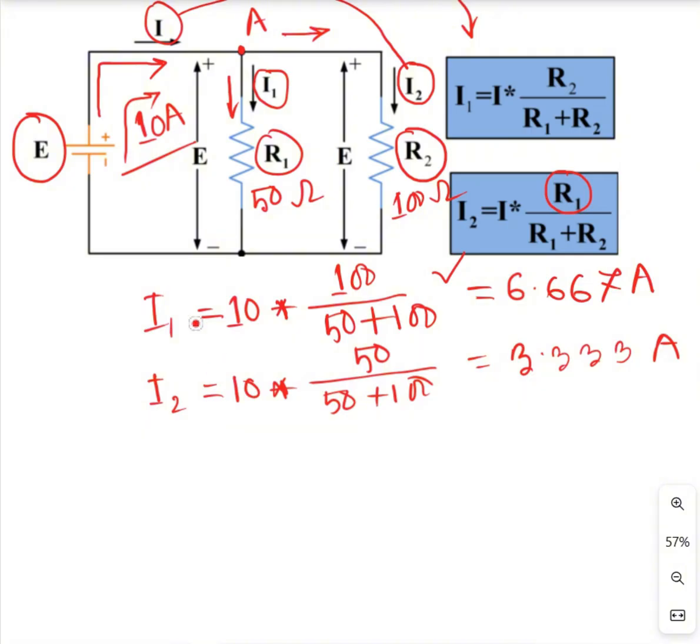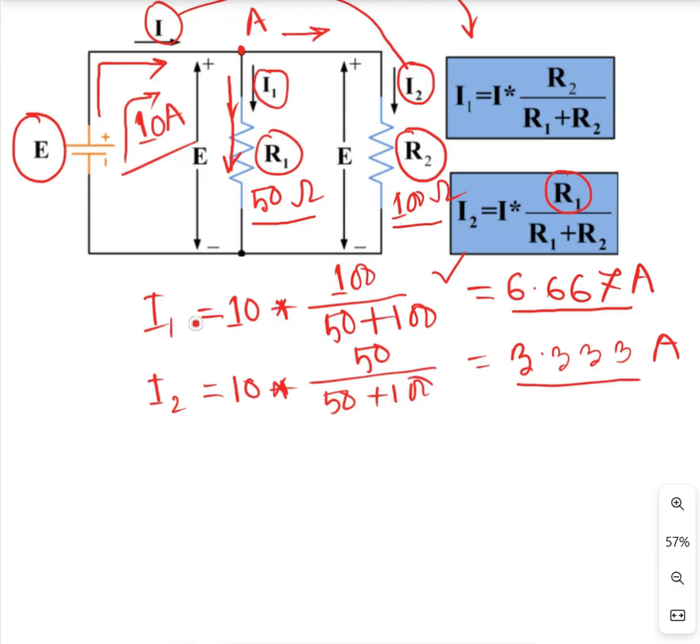Let's look at the current I1. Here we can see the resistance is 50, which is less compared to the 100 ohms at R2. It means I1 has low resistance, more current. That's why here it is 6.667 amps, and I2 will be less current, right? 3.333 amps.